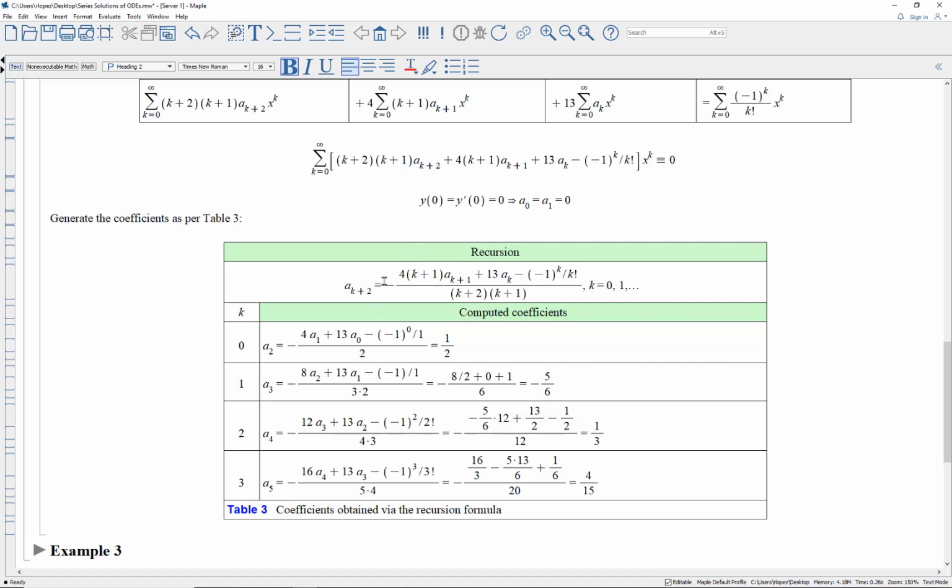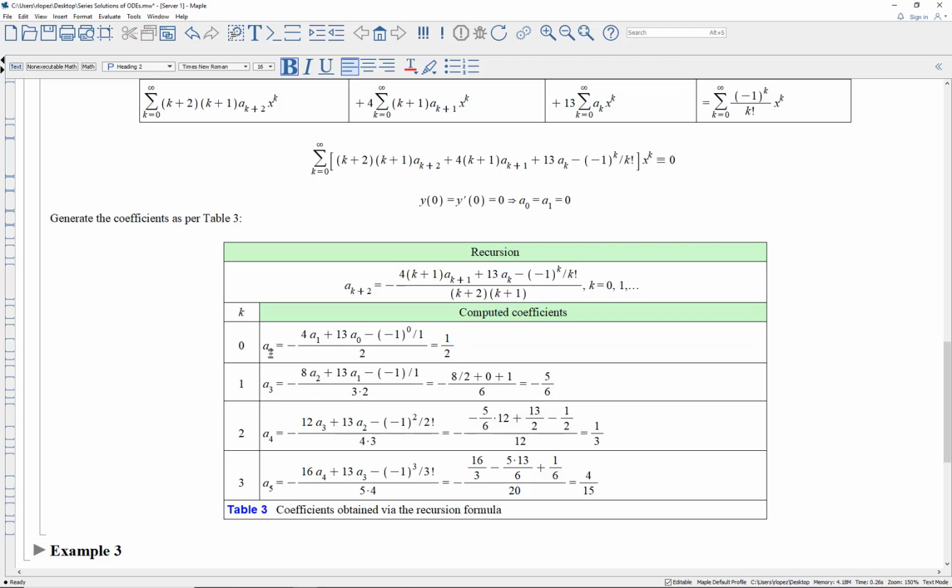And a_(k+2) is some multiple of the two previous, a_(k+1) and a_k. This is called the recursion formula. We know a0 and we know a1. So a2 can be computed, and it's a half.